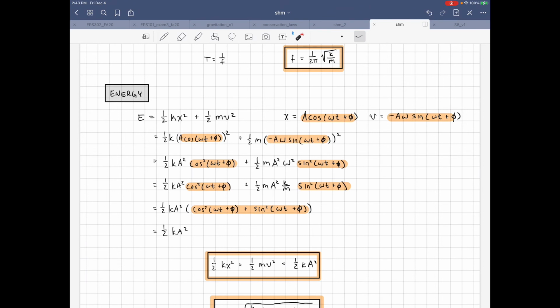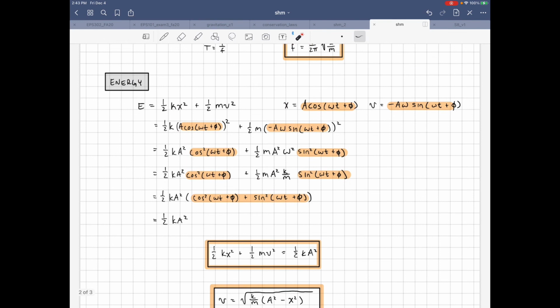And so the whole total energy expression works out to be 1/2 kA squared, where again k is the spring constant and A is the maximum displacement, the amplitude of the oscillation. And so something really interesting is going on here.